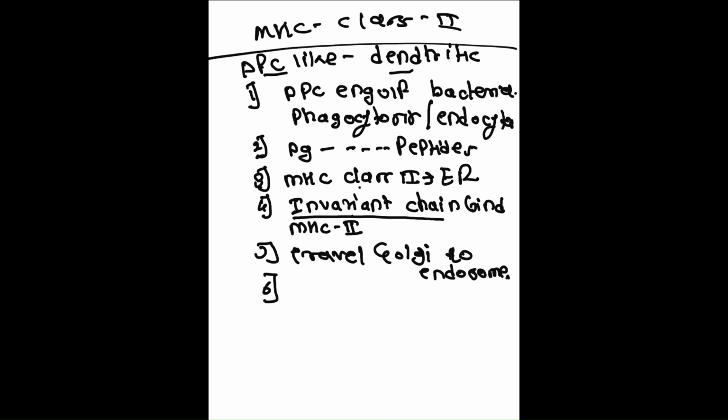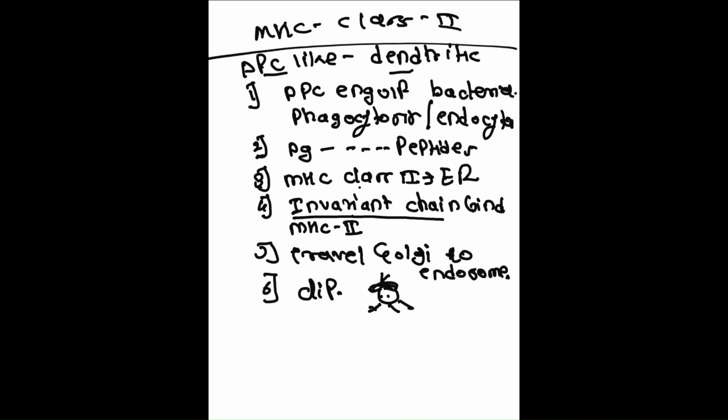There the invariant chain is degraded, leaving a CLIP. Let's suppose it is a protein, and here is a chain, and on top of the head here is the CLIP. The chain avoids binding with any other peptides.